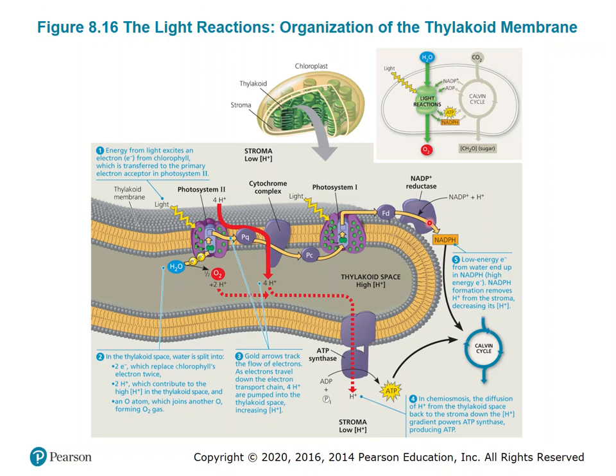They move through another electron transport chain and fuel NADP reductase to reduce NADP+ to NADPH. Now NADPH, our electron carrier, also moves into the Calvin cycle. It's going to be our reducing agent in the Calvin cycle, and ATP will provide the energy.